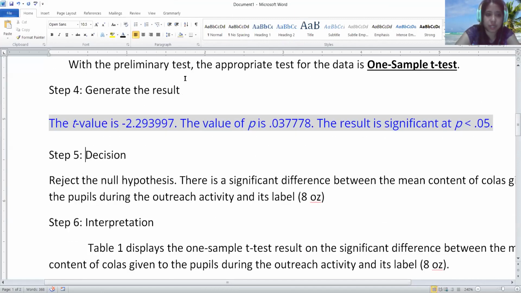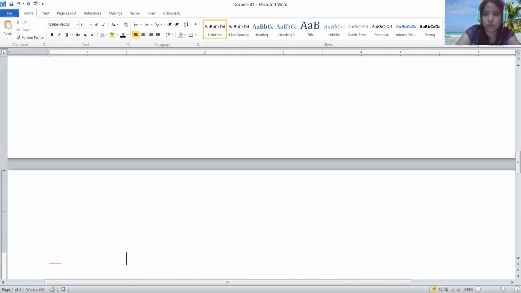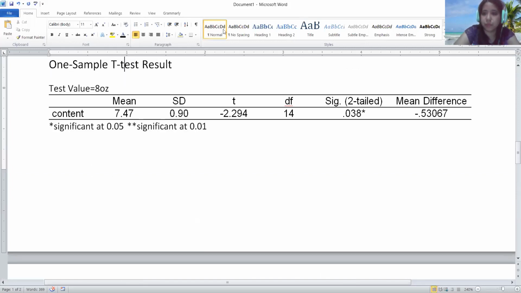So let us place it here. So the formula for degree of freedom is equal to n minus 1. So in the case of our example, we have 15 samples minus 1 is equal to 14. The degree of freedom is equal to 14.